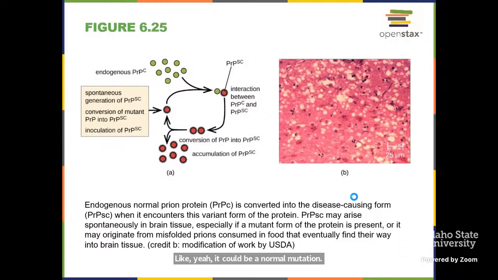It could be an interaction where the normal protein comes in contact with a misfolded protein and it causes the spontaneous change in the green guy to turn into a red guy. Either way, we can see these proteins getting misfolded and causing these issues, right? And there are numerous potentials. It can happen, like I said, spontaneously.